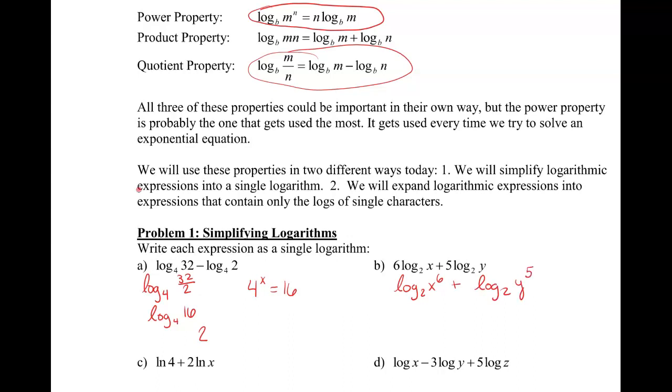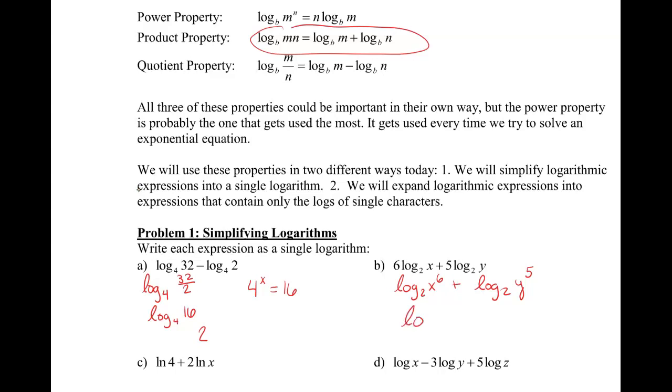And then I've got a plus in between, which means I can also now use that product property. Since there's a plus sign in between them and I've got the same base, I don't need to change anything. So I would have log base 2, and combining those, I would get m times n. In this case, my m is that x to the 6th, times n, which is going to be y to the 5th.